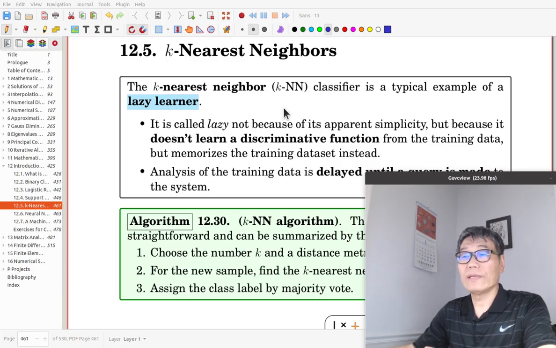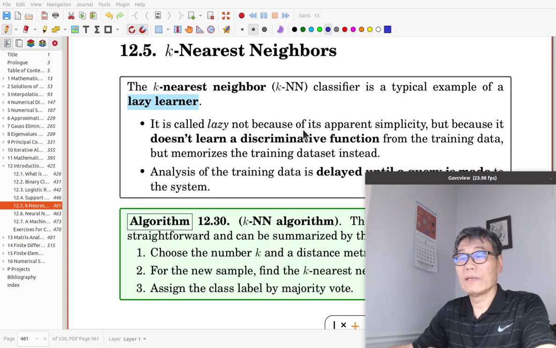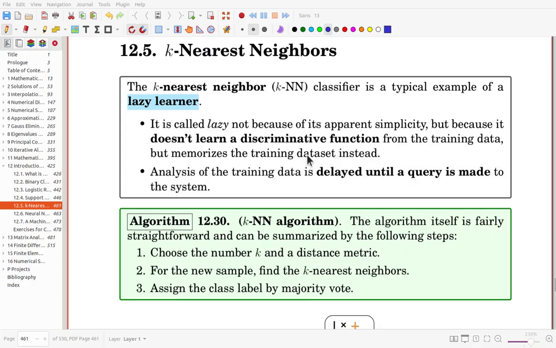It is called lazy, not because of its apparent simplicity, but because it doesn't learn a discriminative function from the training data set. That means there is no training step. The analysis of the training data is delayed until a query is made to the system.